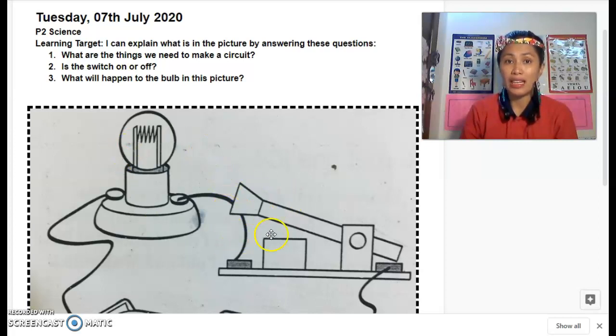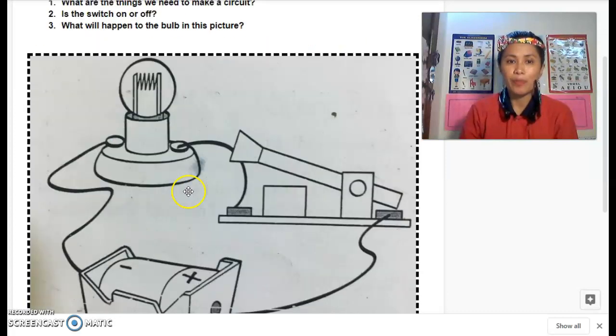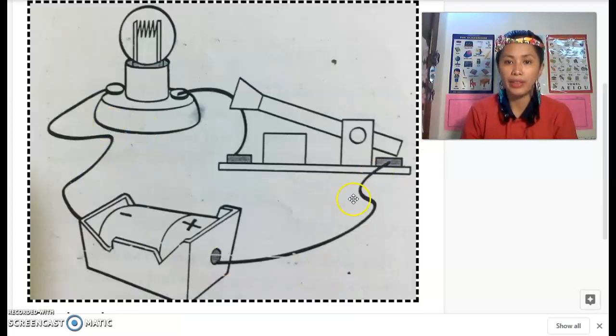If the electricity cannot flow, then this bulb will not work, right? Even if all the components are there: we have the light bulb holder, the wires, the cell or the battery, and this is the battery holder, right? Remember?